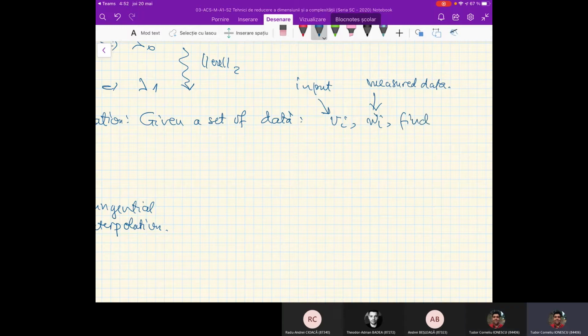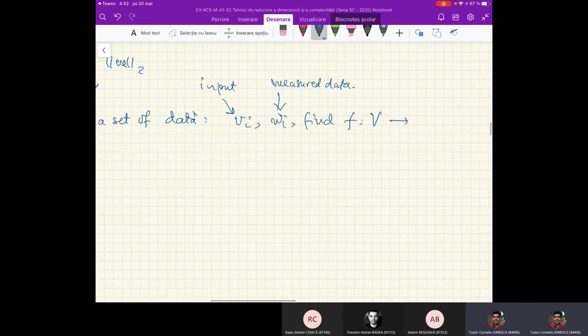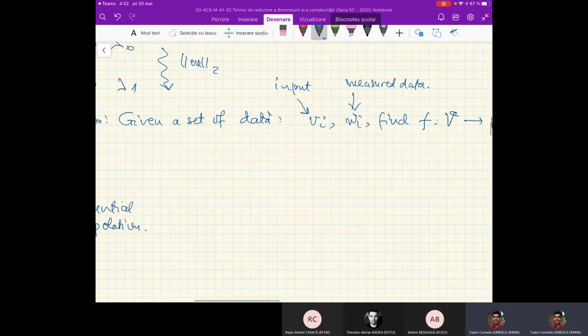Find f defined on the space v to the space w. Let's call them calligraphic V and calligraphic W. Okay, such that wi is f of vi. This is the general problem, the mathematical problem of interpolation.